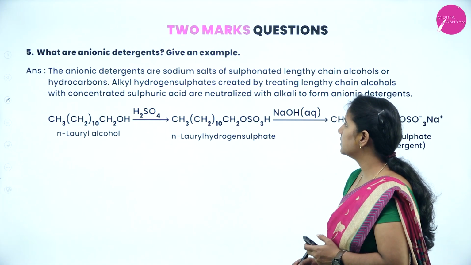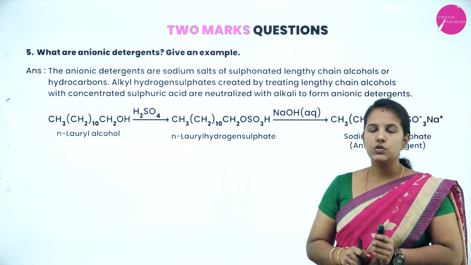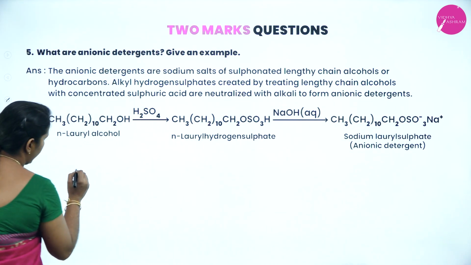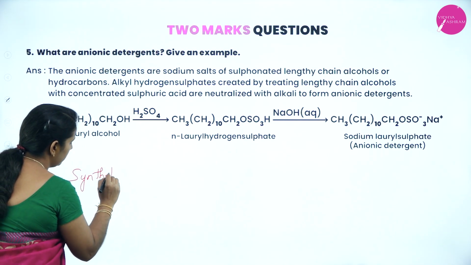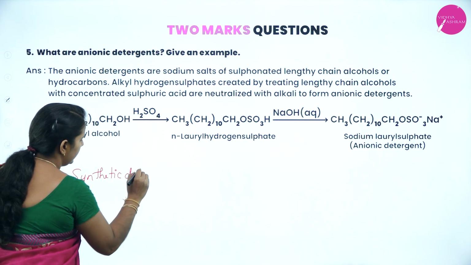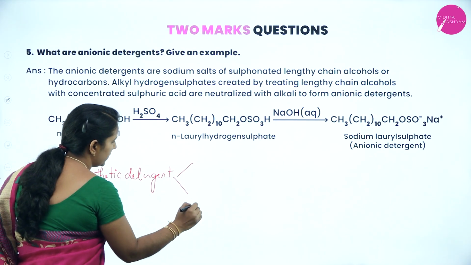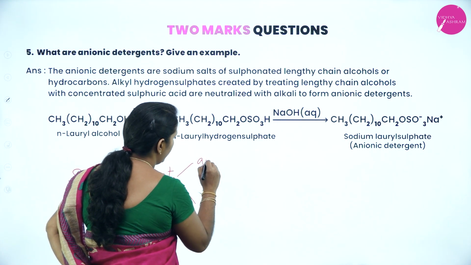Next, what are anionic detergents? Give an example. As we all know, synthetic detergents are broadly classified into 3 types. One is anionic detergent.